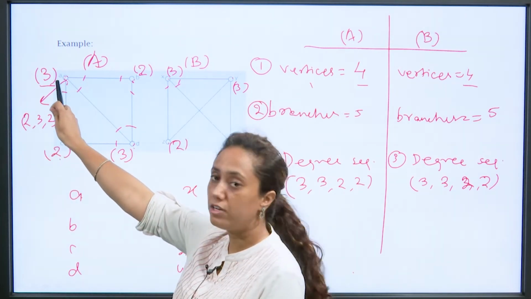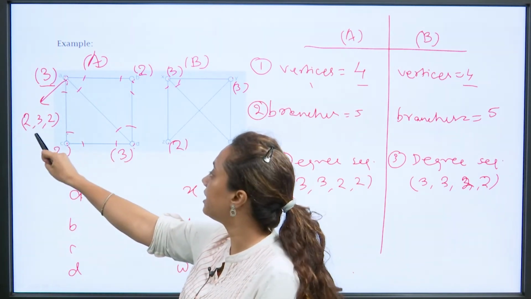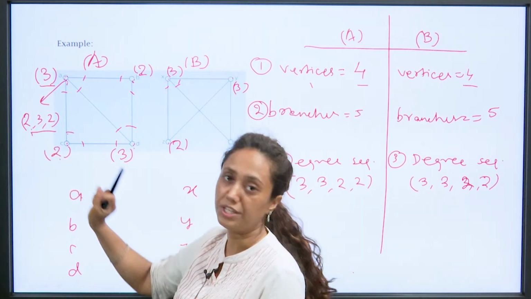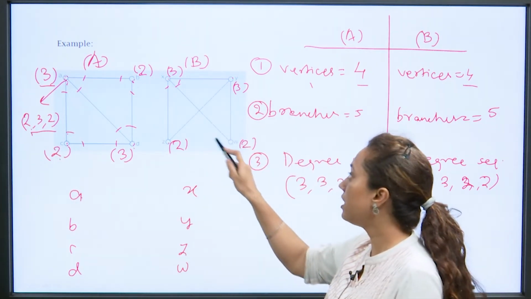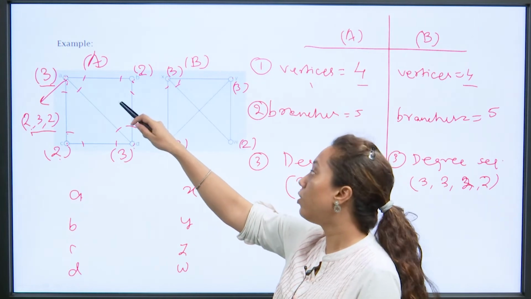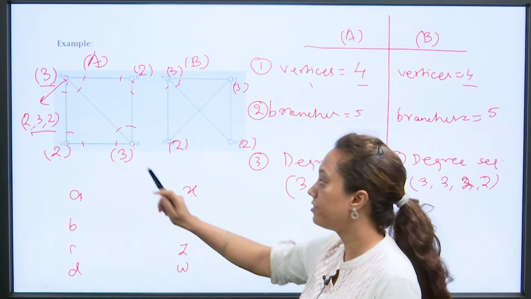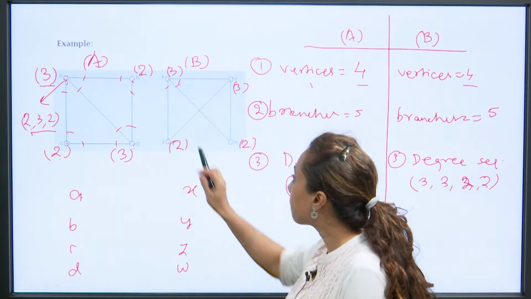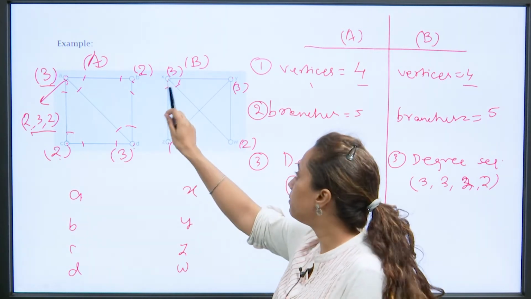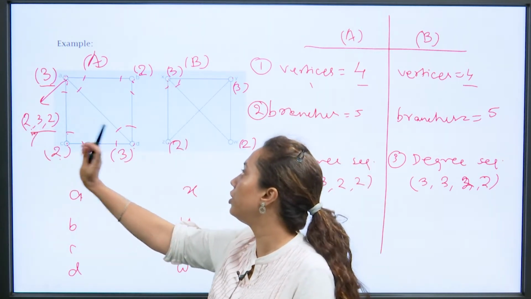So, it should have a degree of 3 and it is getting connected with the nodes which have 2, 3, 2 degrees, right.